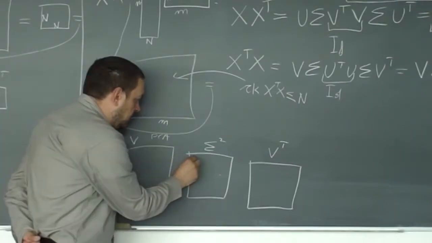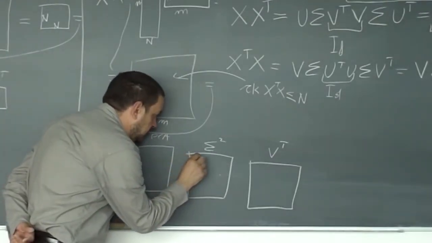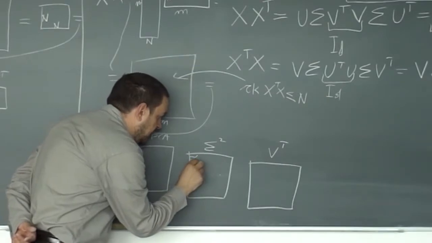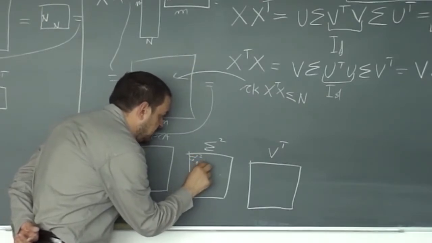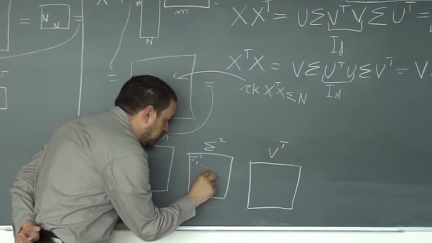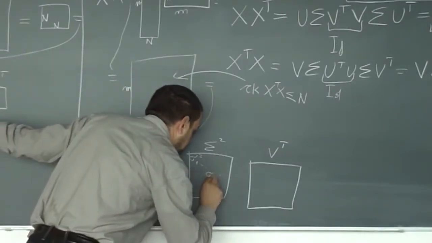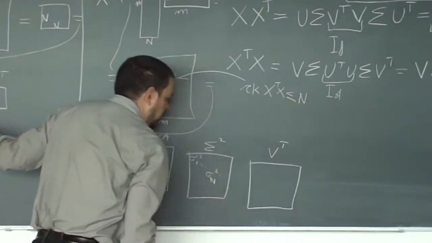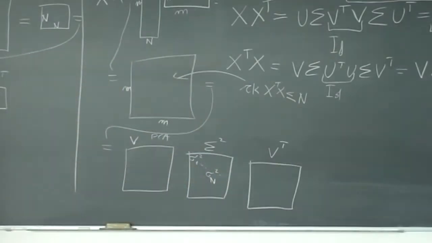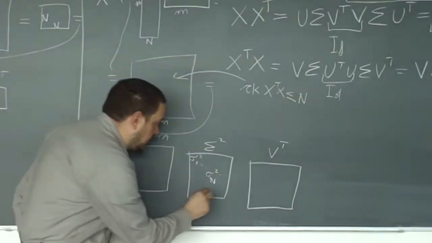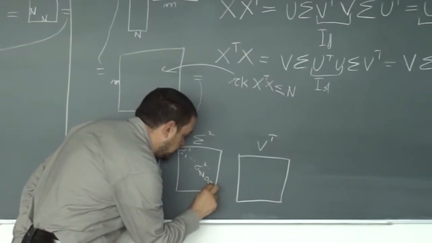So here you will find that the eigenvalues sigma 1 squared up to sigma n squared are the same here and here, and the remaining eigenvalues are zeros.